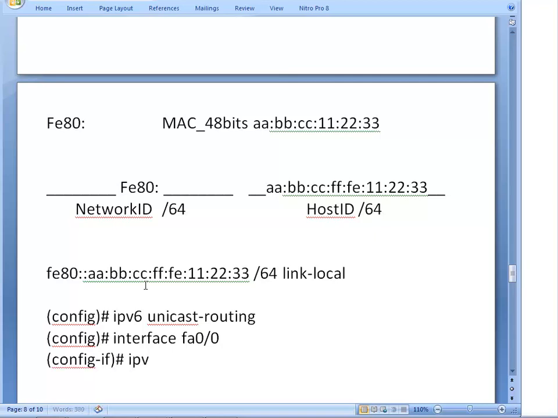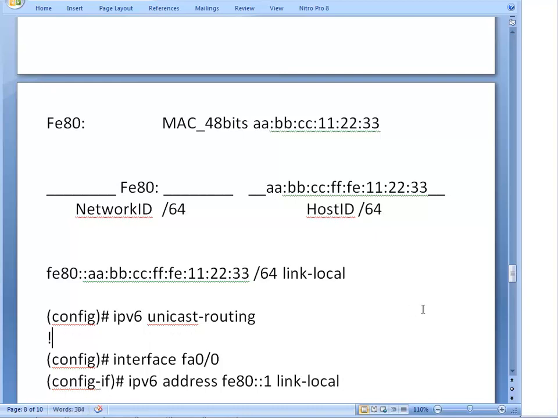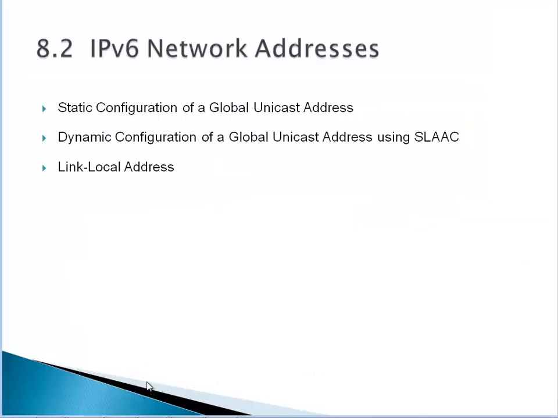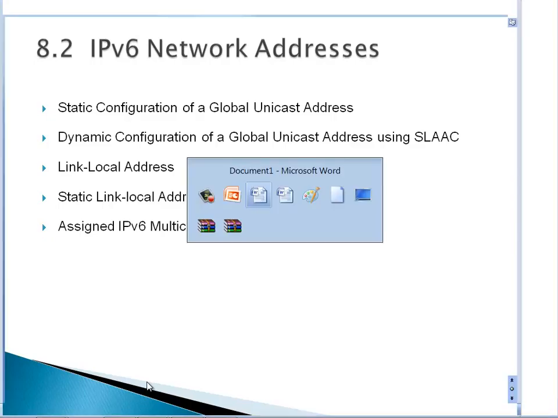And here we say ipv6 address FE80::1, for example. You don't want to use the MAC address and so on. Then you have to type link-local at the end. So as you can see, if you don't want the device to use its MAC address for the link-local, you can assign it a static link-local address.